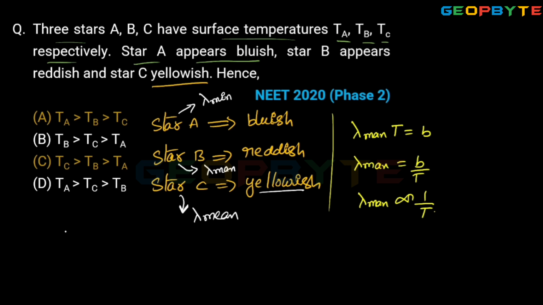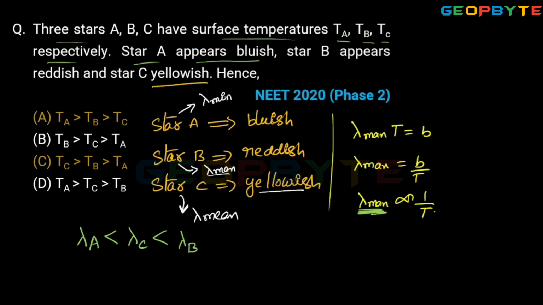From that I can say that lambda for A is less compared to lambda for C, which is less compared to lambda for B. Look at the diagram.